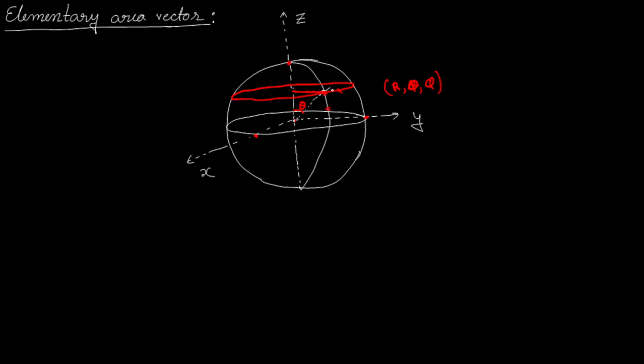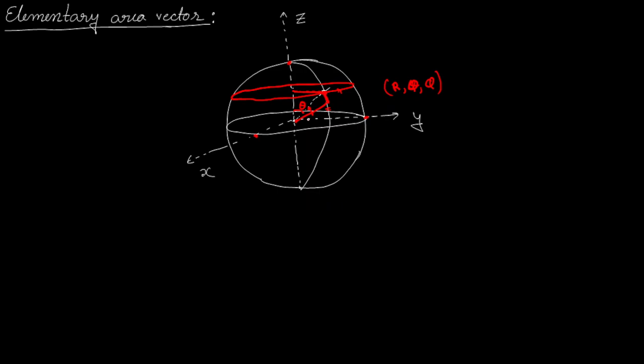Because phi is fixed, this point will always make the same angle. If we take the projection of this r, it will always make the same angle with the positive x-axis, so it moves along this white line. Keeping r and phi fixed, if we increase theta by a small angle d theta, this point shifts from here to here.